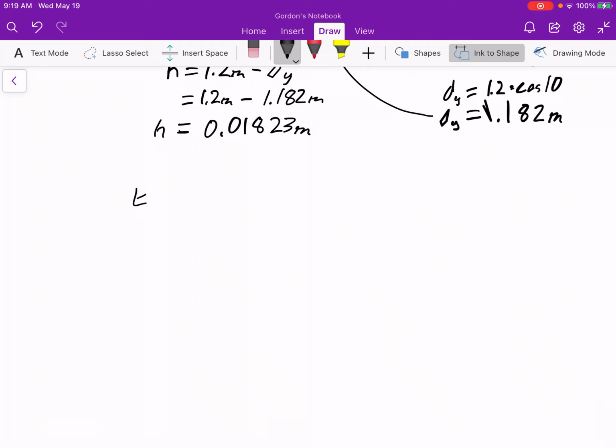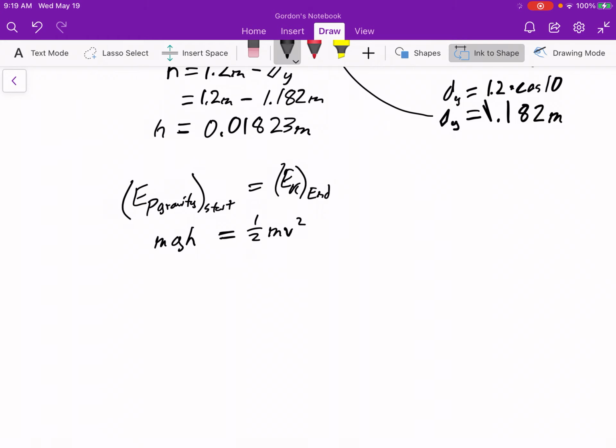So getting back to where we were, we said that we had potential energy due to gravity at the start was going to be equal to our kinetic energy at the end. And we said this was equal to mgh is equal to 1/2 mv squared. And we're trying to figure out the velocity again.